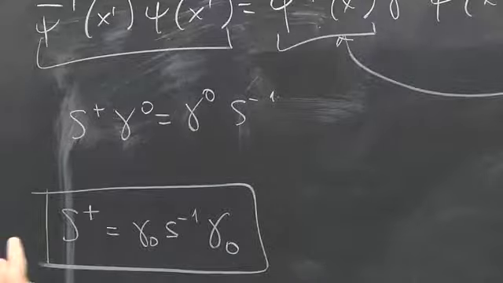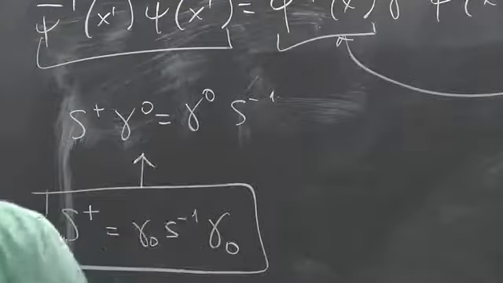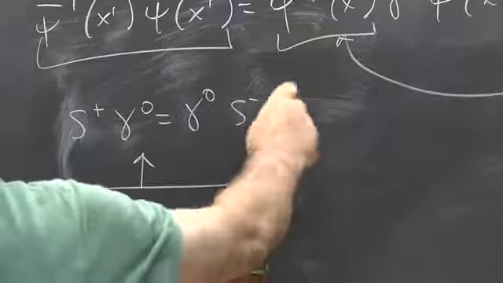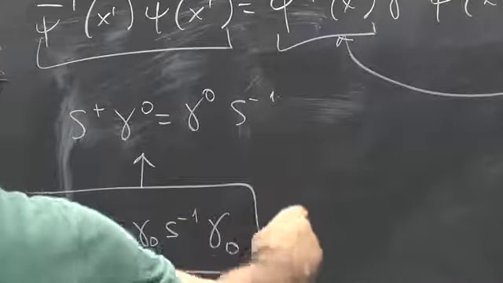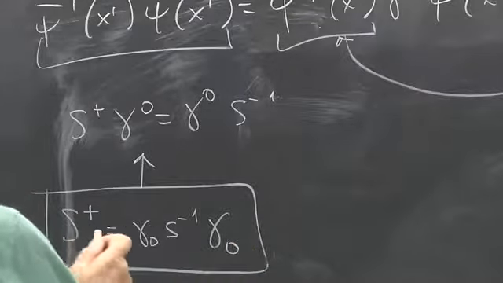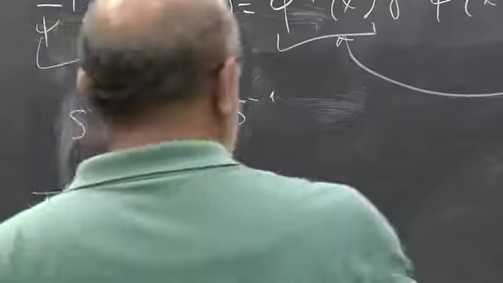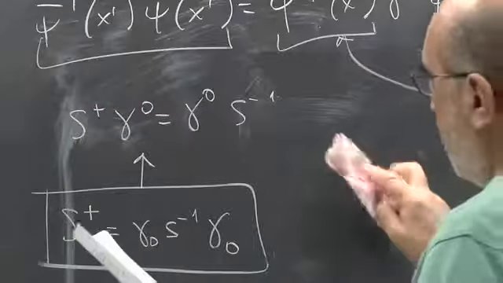But they all satisfy this relation. Well, this relation is nothing else than this, because if you multiply on the right this expression by gamma 0, gamma 0 gives you the identity, then you have S dagger gamma 0, so you get this expression. Okay, so this expression we already knew.